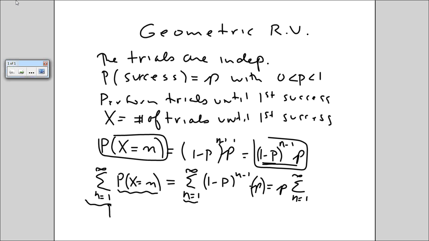The other factor, (1 minus p) to the n minus 1, clearly has n's in it. Now notice that when n starts, it's 1. This power is 0. This power must start at 0, and it ends at infinity minus 1, which is infinity. That is, I can just rewrite it starting n equals 0, (1 minus p) to the n. So when n is 0, that power is 0. And I go up to infinity.